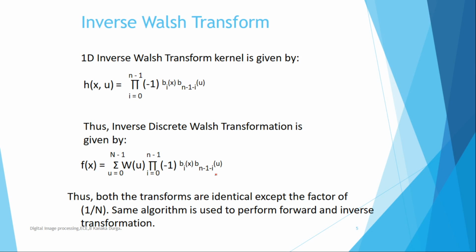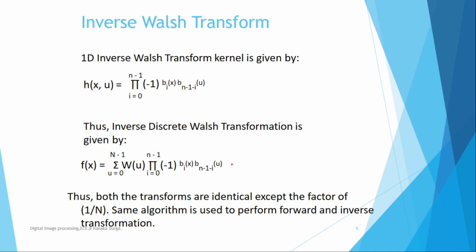Now the inverse Walsh kernel; the formula is the same as it is. x represents spatial and u represents frequency. h of x comma u is equivalent to product of i running from 0 to n minus 1 of b_i of x, b_(n-1-i) of u.